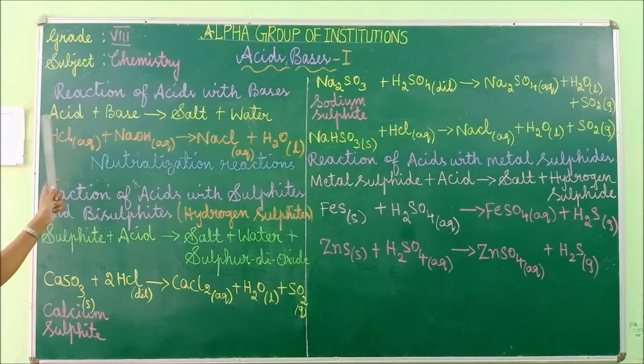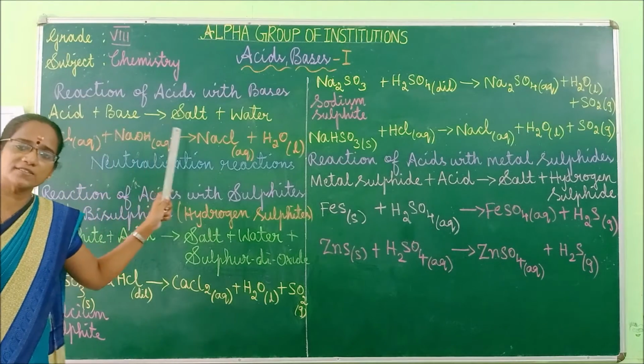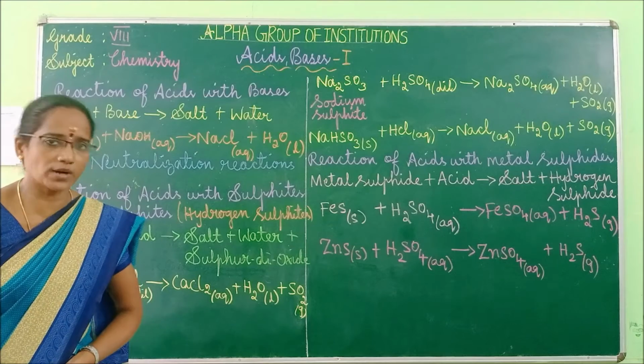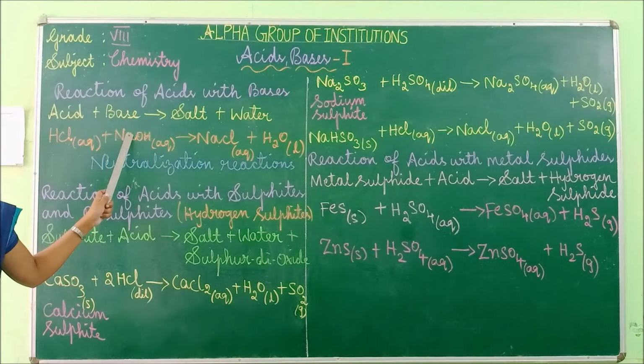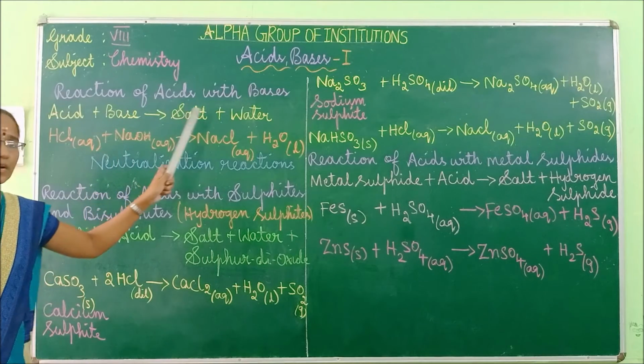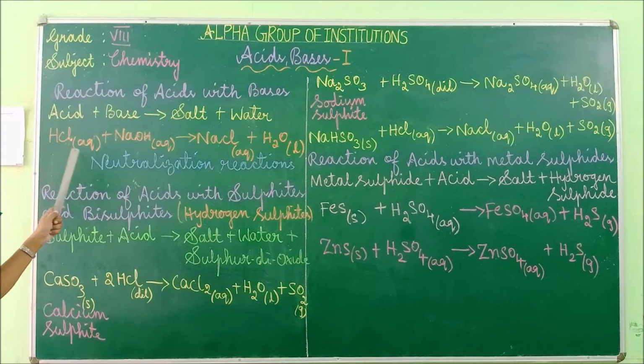So both acid and base react to produce salt as well as water. For example, HCl aqueous solution. HCl is hydrochloric acid. Aqueous solution means when it is dissolved in water.